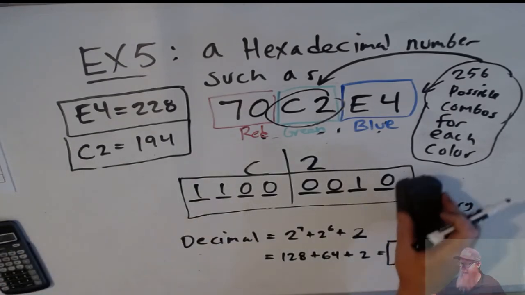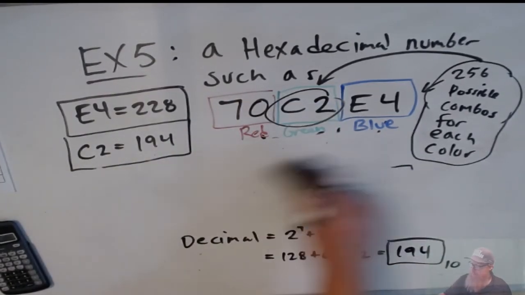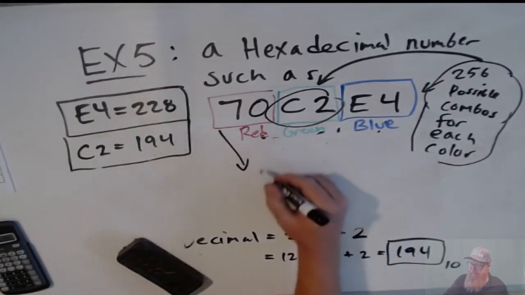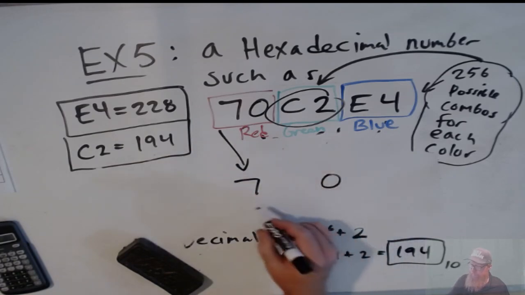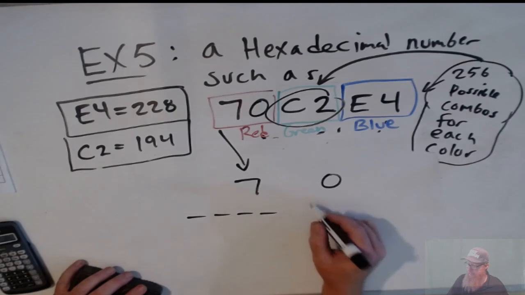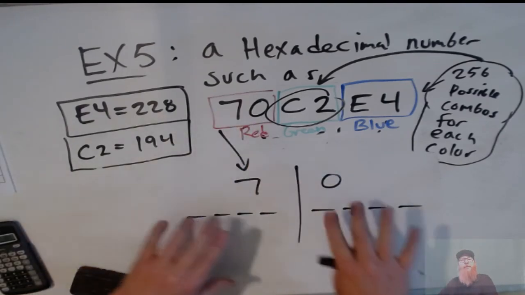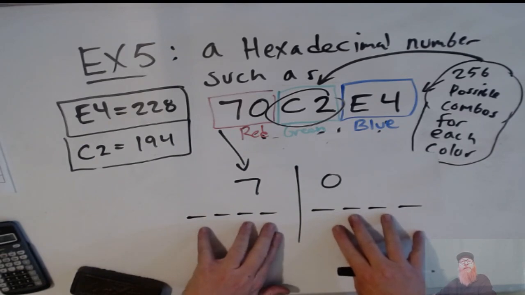Finally, let's do red. Red is 70. That's not an O, that's a 0. So red is 70. So when we convert that to binary, each hexadecimal digit is 4 bits.